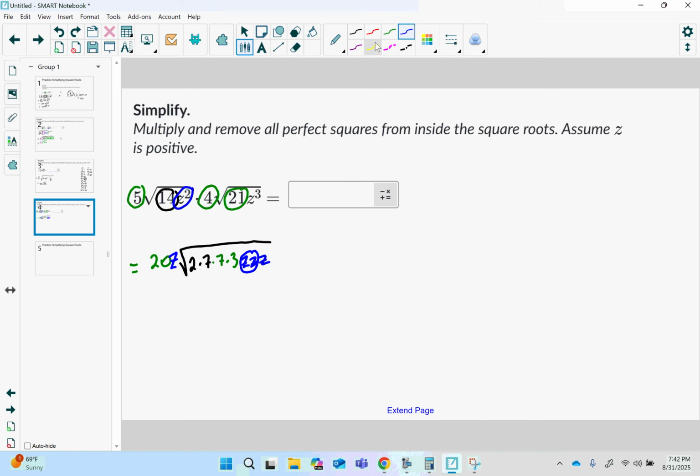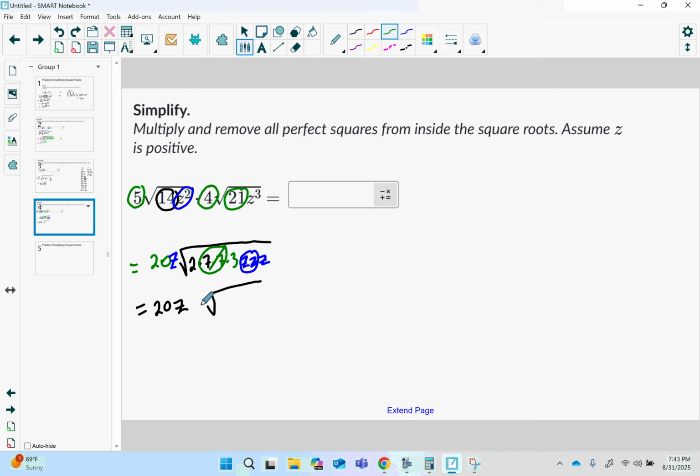And we also see that the 7's can simplify out. So we have 7 squared or 49, which is a perfect square, and then z squared, and those are both going to simplify out. So now we have the 20z that was already there, and then my radical. And I'm going to put the 7 out there.